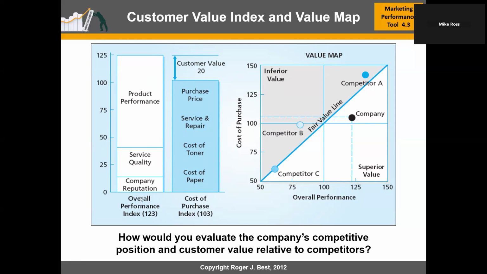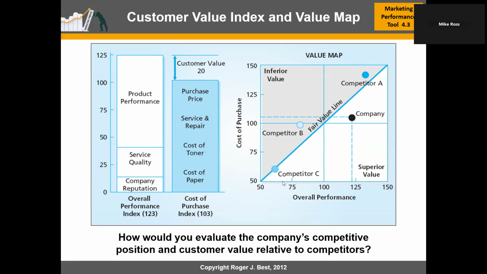What's the overall performance versus the cost? Then I do all of the math that we saw before in that table, and I'm able to plot on this value map how each one of the competitive products is performing versus the actual cost to the customer.